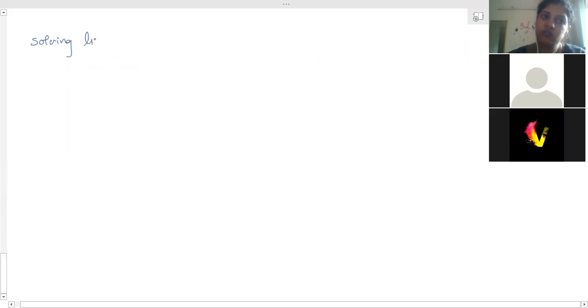Solving linear equations in two variables, we have four methods. One is the substitution method. Second one is the elimination method.